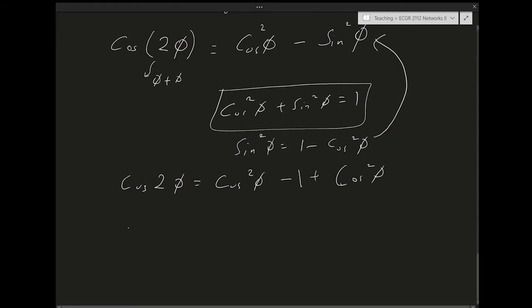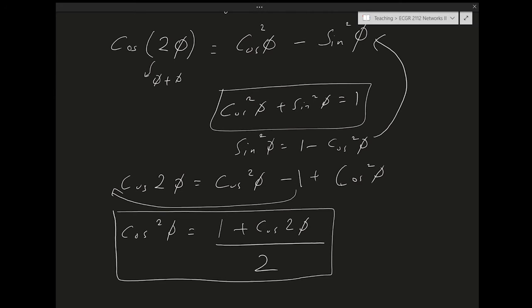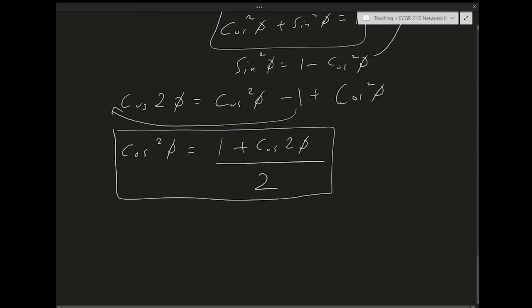So I end up with cosine squared phi, take the 1 to the other side, equaling 1 plus cosine 2 phi over 2. Right, so I just derived this basic identity. You should at this point be comfortable using the basic trigonometric identities that we derived at the beginning of the lecture, at the beginning of the course.